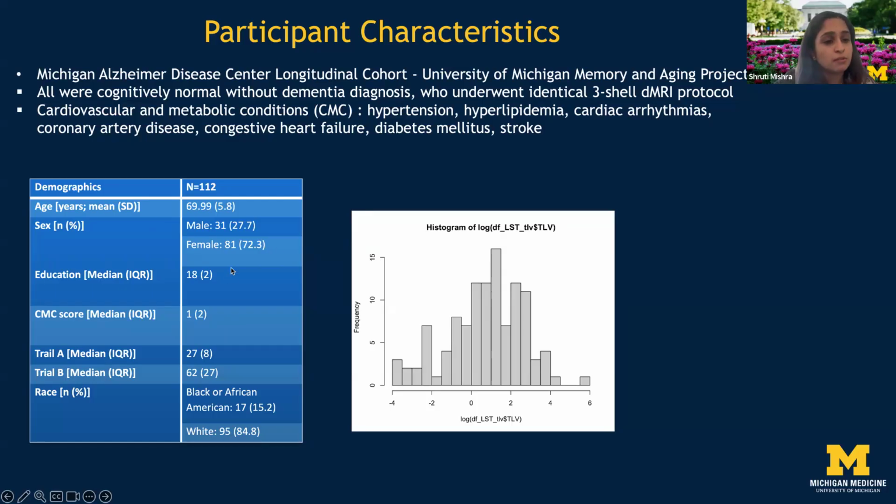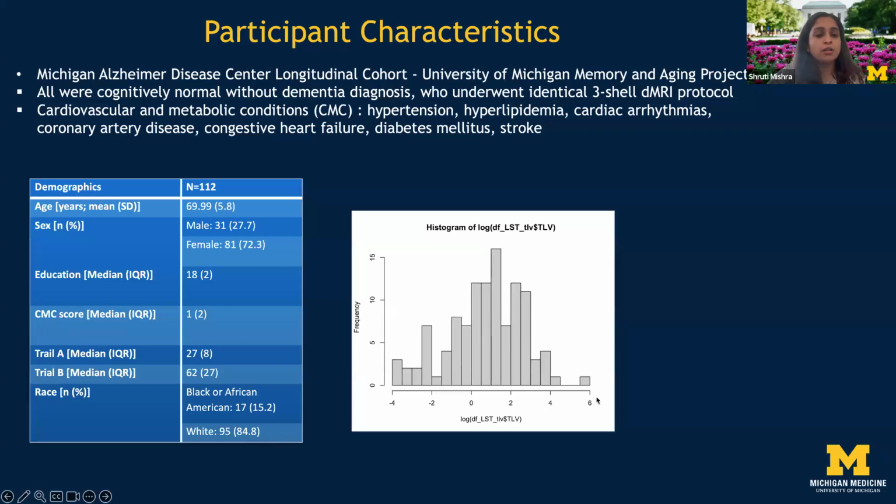The cohort was mostly female. I included Trails A and Trails B scores to show that there was reasonable variance in some of these measures, but overall we didn't look at any neuropsych measures in this cohort because they were all cognitively normal. And then this is the race breakdown.